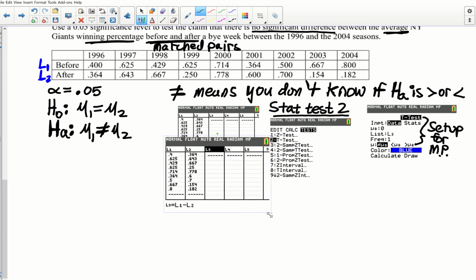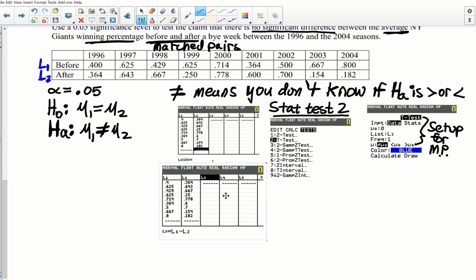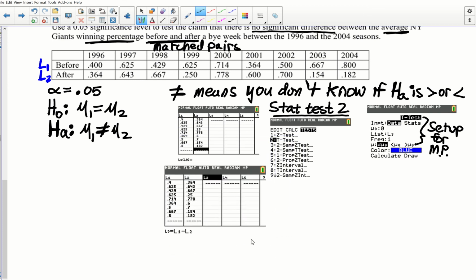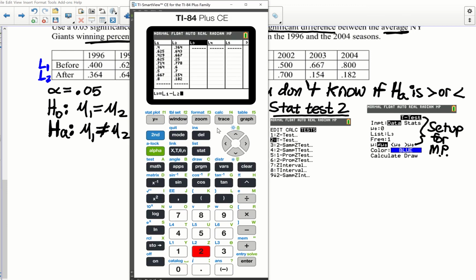So second 1 minus second 2. So enter on the column heading L3 brings you to the bottom field. Then you're typing in L1 minus L2, which is second 1 minus second 2.